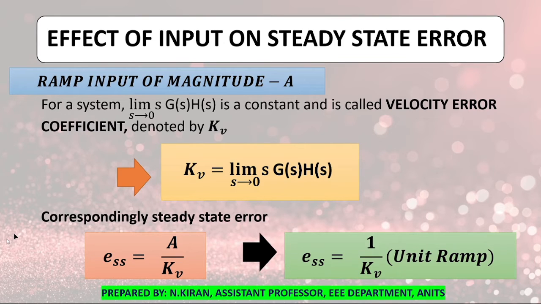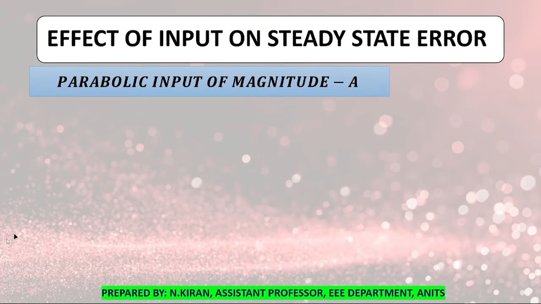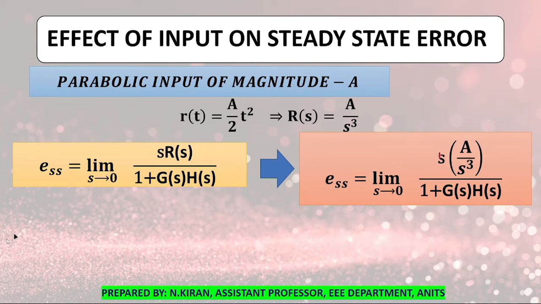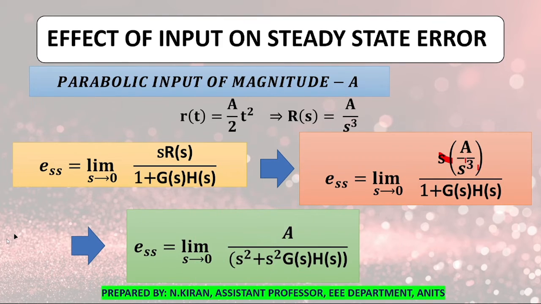The next input that we'll consider is the parabolic input of magnitude A. The expression we all know is A by 2 t square, and its Laplace transform is A by s cube. From the definition of steady state error, if I substitute R(s) as A by s cube, the s will get cancelled in the numerator, and that gives the steady state error as A by s square plus s square into G(s) into H(s).